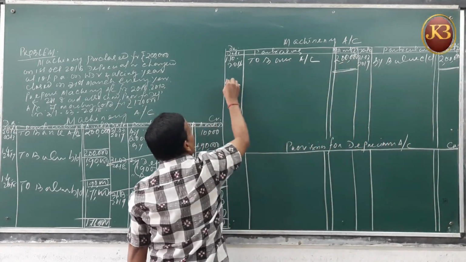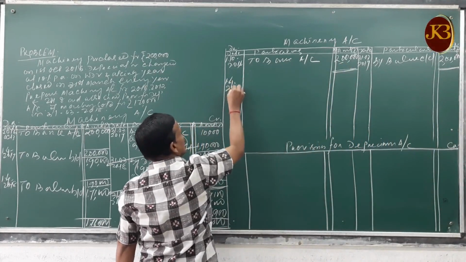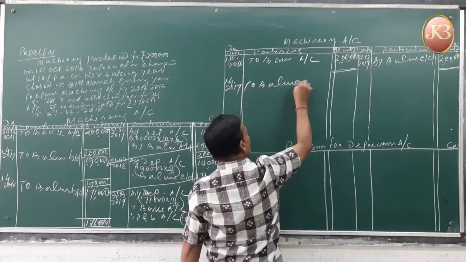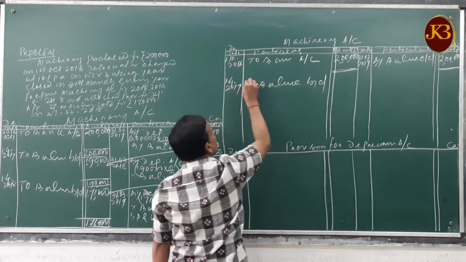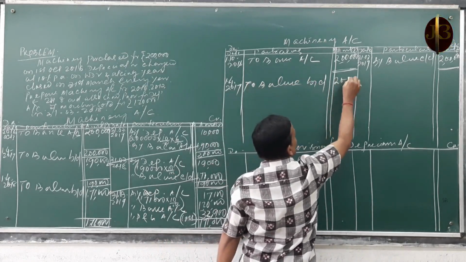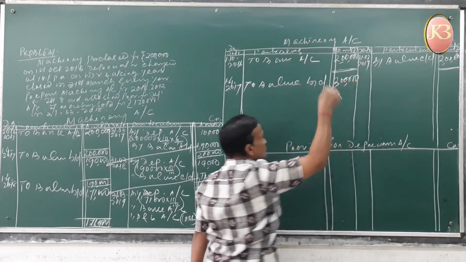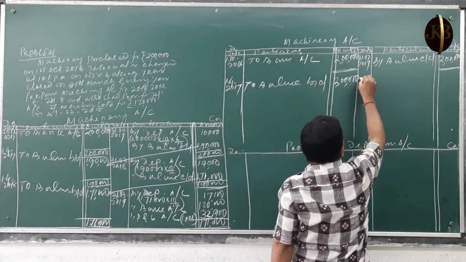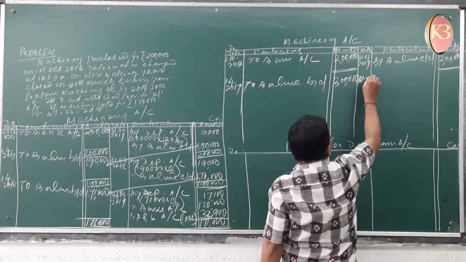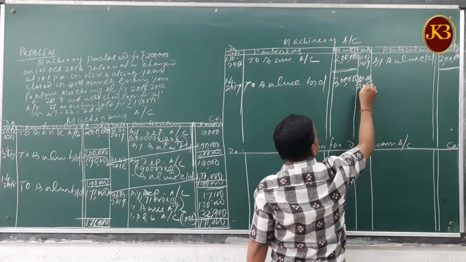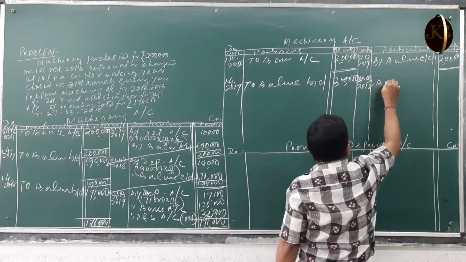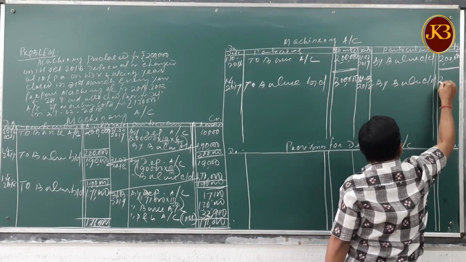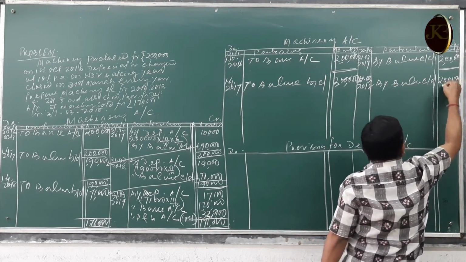Again, on 1st April 2017, to balance brought down, this 2 lakh. Because balance carried down, balance brought down, again 2 lakh. So 31st March 2018 by balance carried down, again 2 lakh.